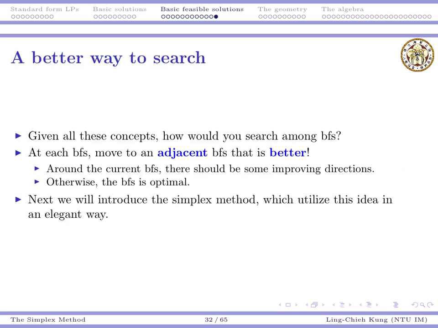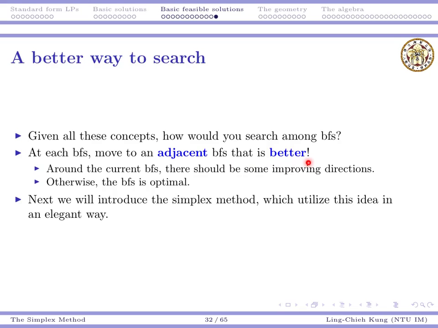Now, given all these ideas, we want to do the following. Given any basic feasible solution, I want to move to an adjacent one that is better. Instead of searching through all the BFS, I only want to do a somewhat greedy search. At a point, I do an improvement, and then another improvement, again and again.